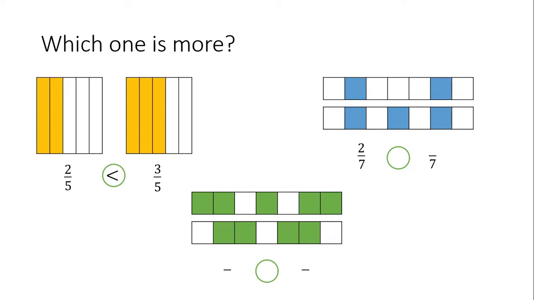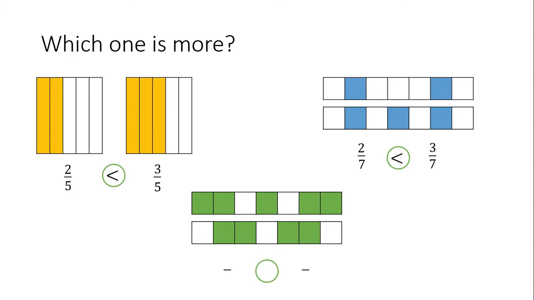And the one on the right actually has more, it seems. It has 3 shaded in. So which one has more of the rectangle shaded in? That seems pretty obvious. The one on the right does. So we're going to have our open alligator mouth pointing towards the greater fraction, which is 3/7.